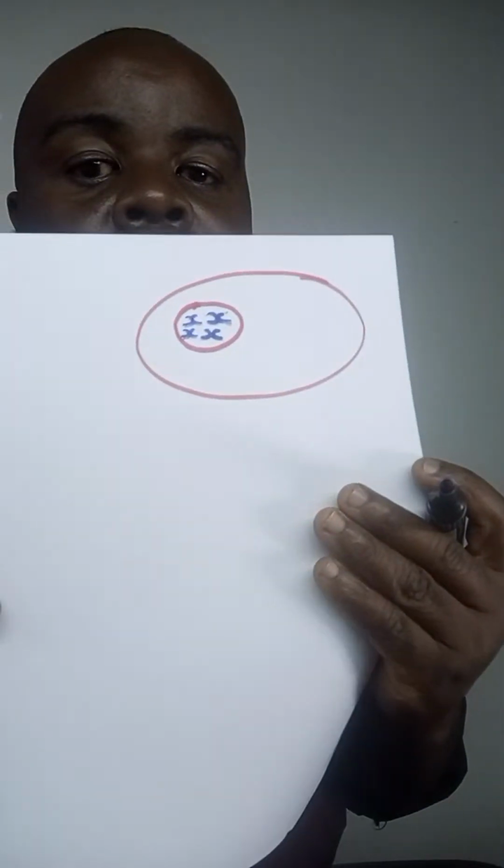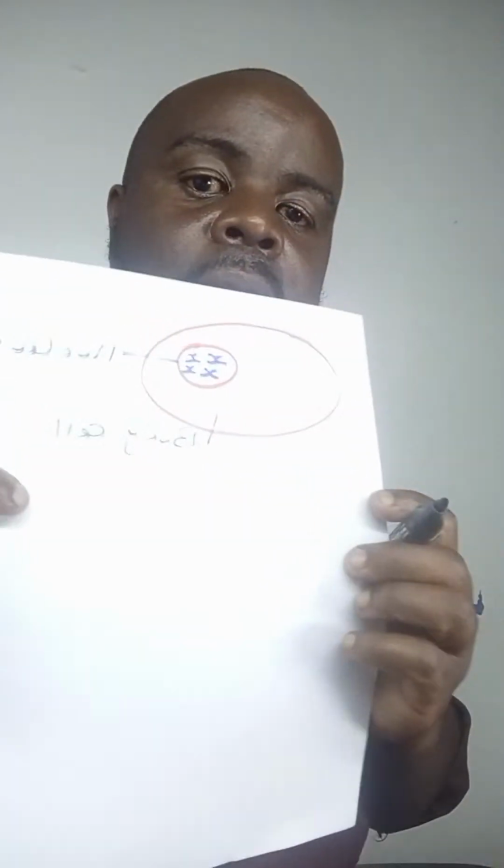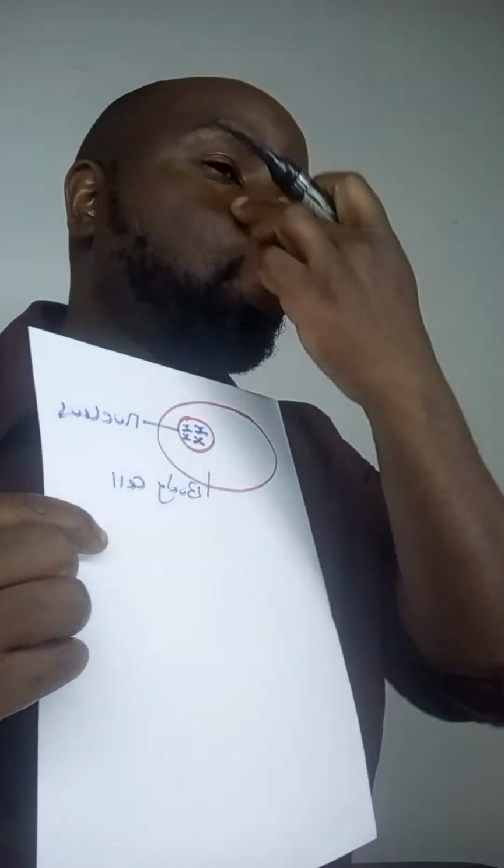They are small helix strands like this. So this is the cell, the body cell, and this one is the nucleus.